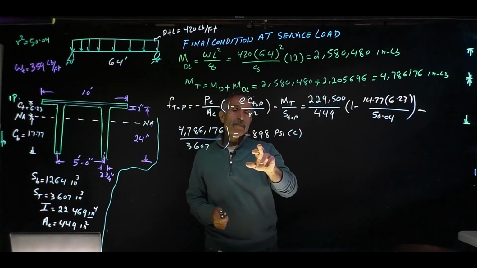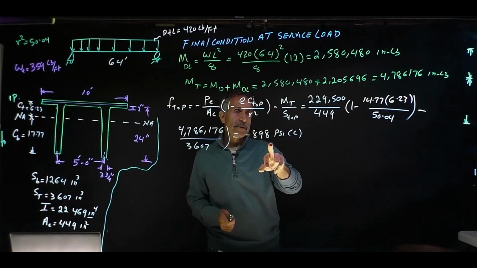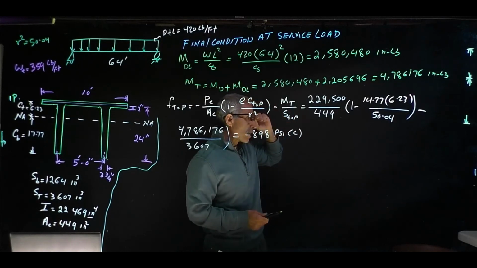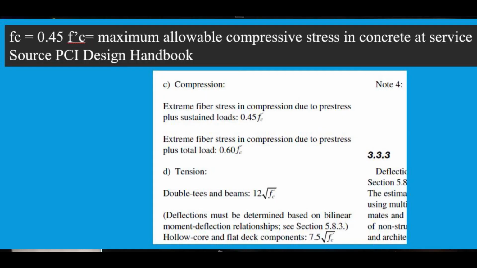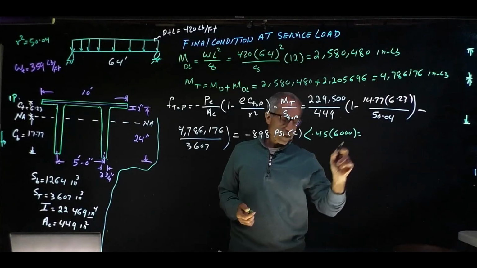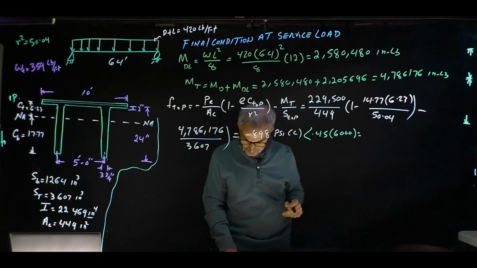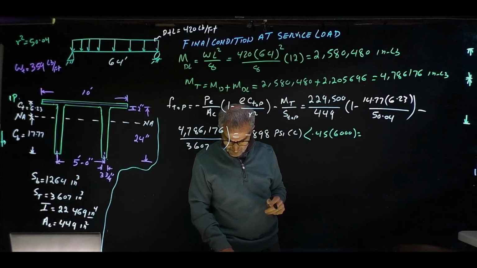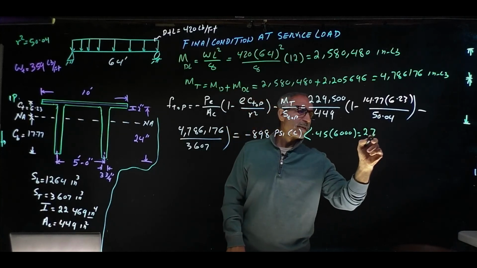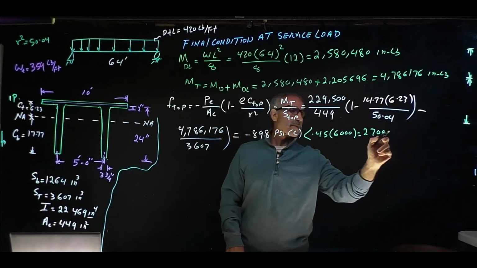So it comes down to 889 psi in compression, and based on the spec, the code, that has to be less than 45% of the maximum allowable compressive stress in concrete at service load, which comes out to less than 0.45 of 6,000, and that is equal to 2,700. And it is, so that checks out.